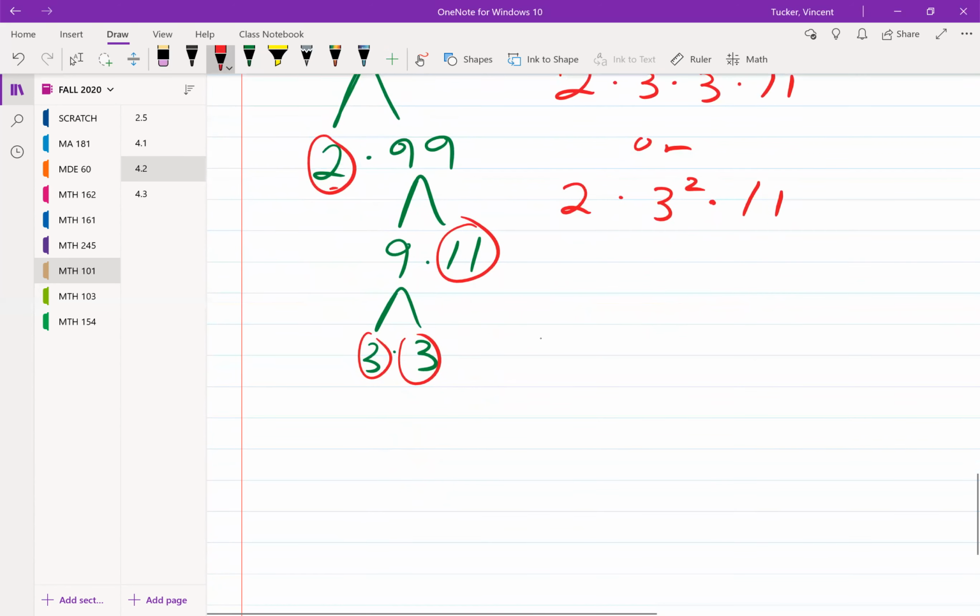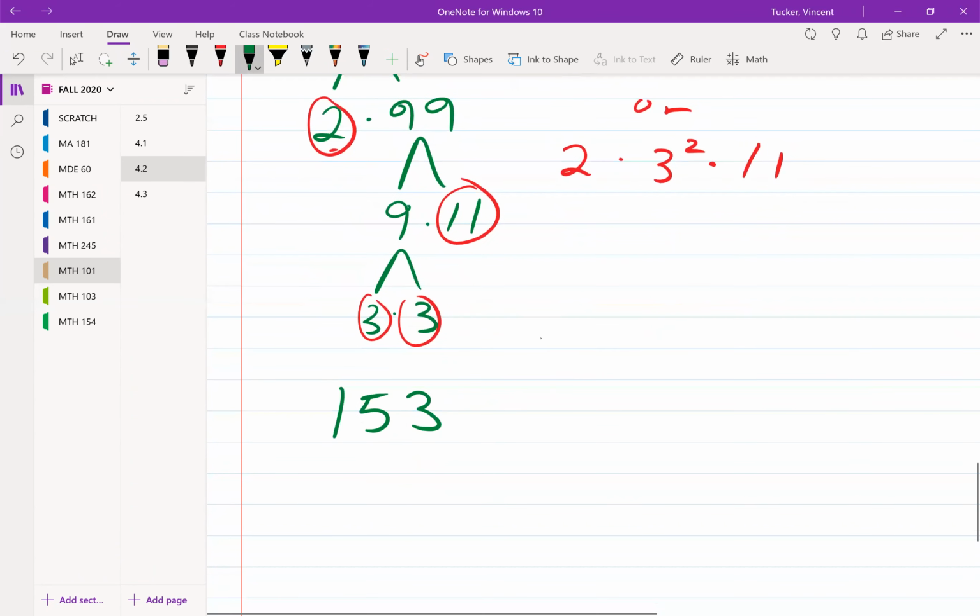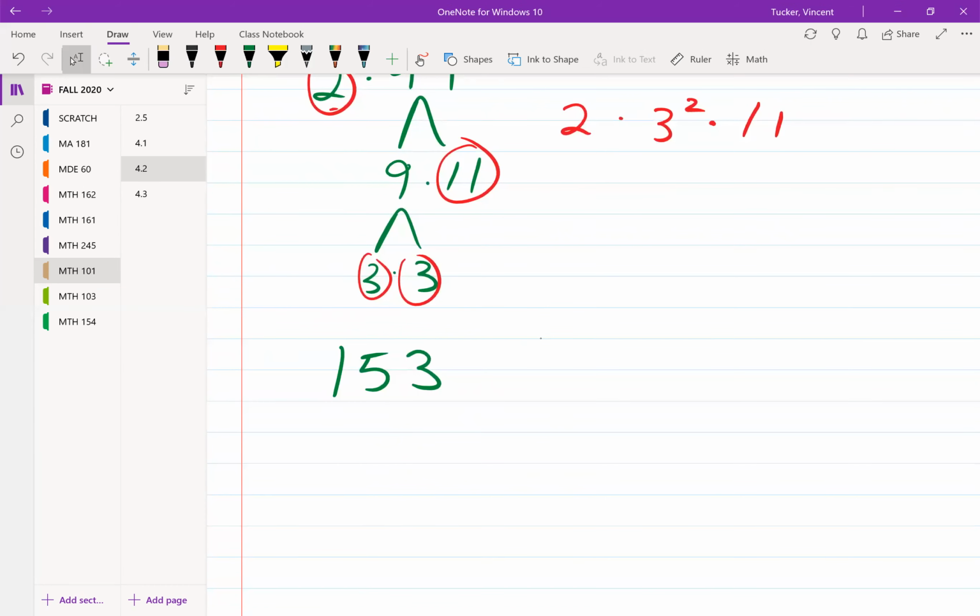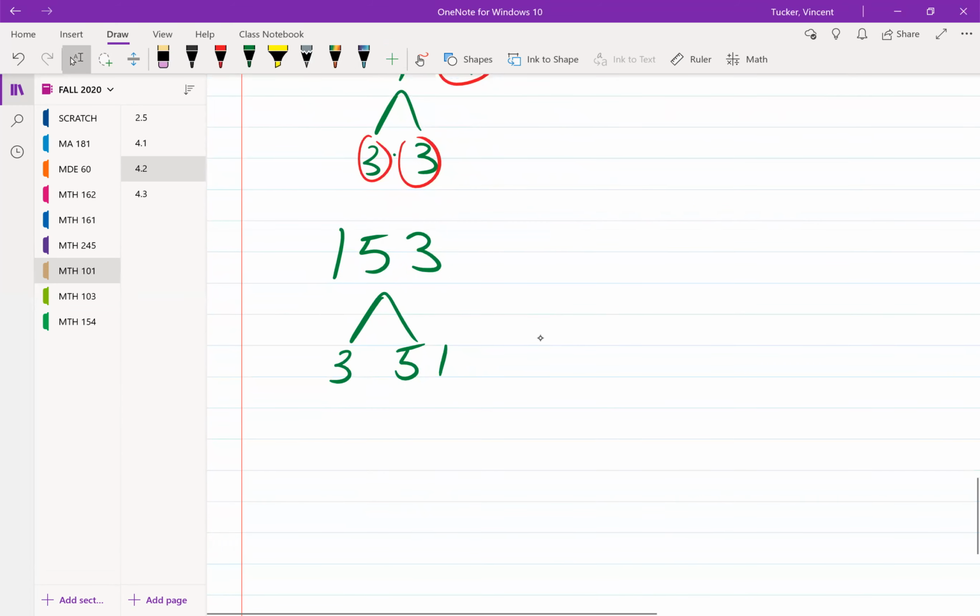All right, do one more. Let's look at 153. We know it's not divisible by 2, but it is divisible by 3. So 3 goes into 153 51 times. 51 is also divisible by 3.